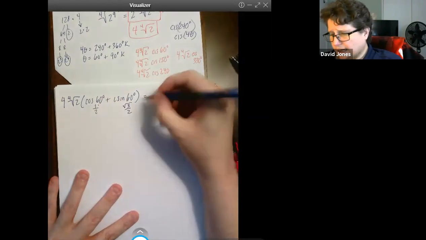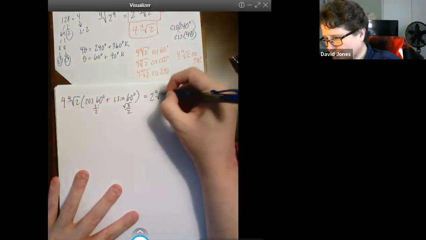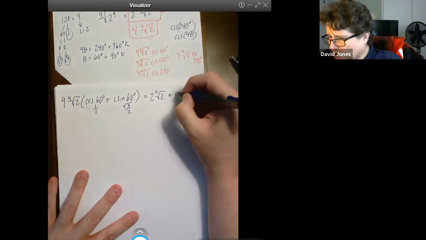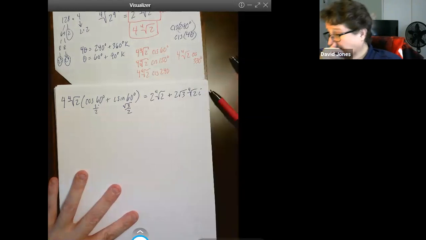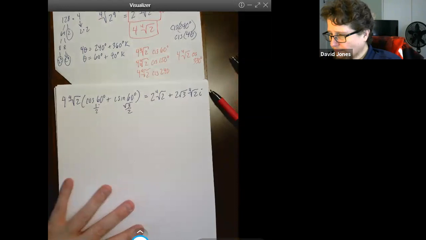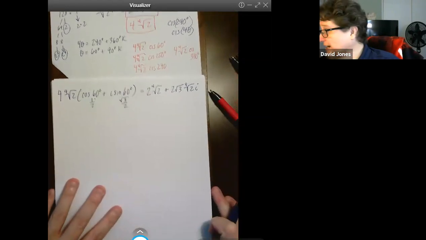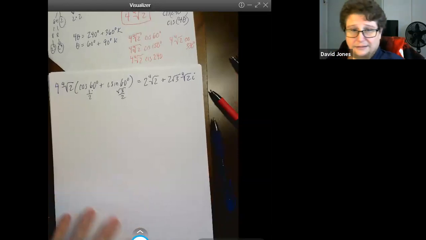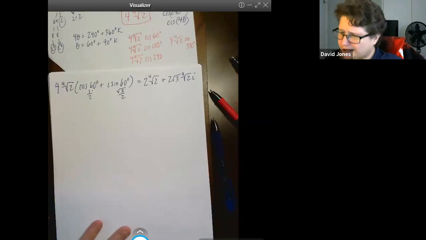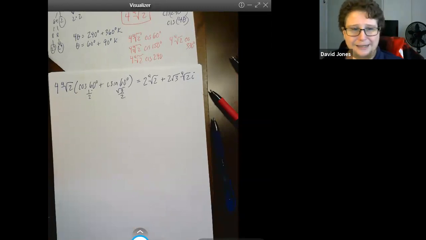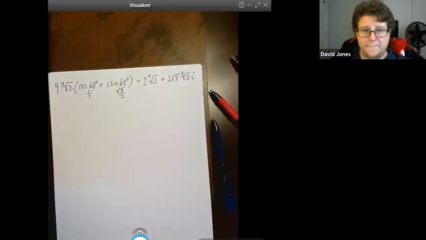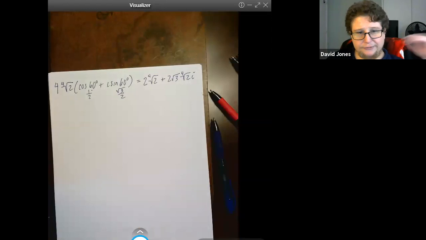So this gives me 2 times the 4th root of 2 plus 2 root 3 times the 4th root of 2i. And that's ugly looking. Am I right? A little bit ugly looking. That's how we're going to do the rest. Well, I'll leave that as an exercise for you guys to enjoy, because I know you're enjoying it already. Well, let's do all I need to show you.